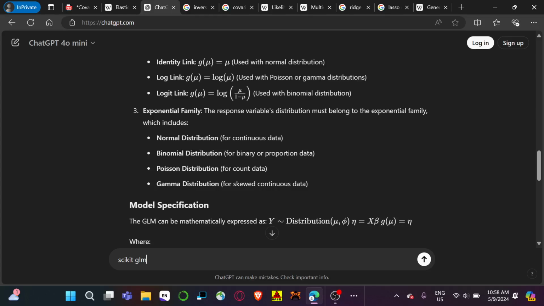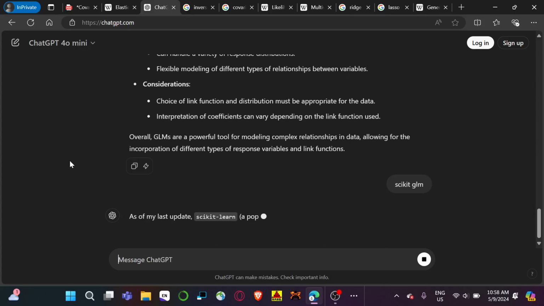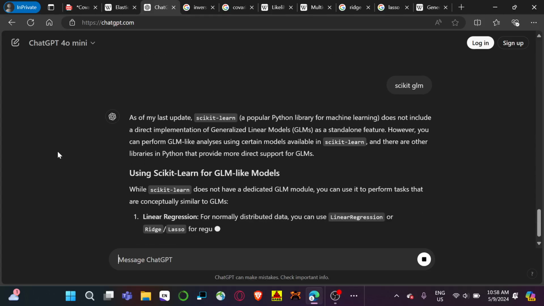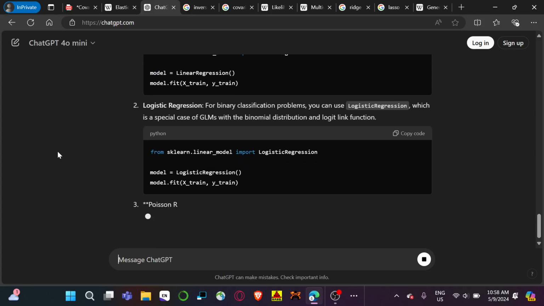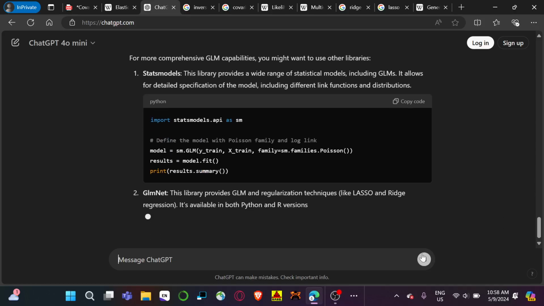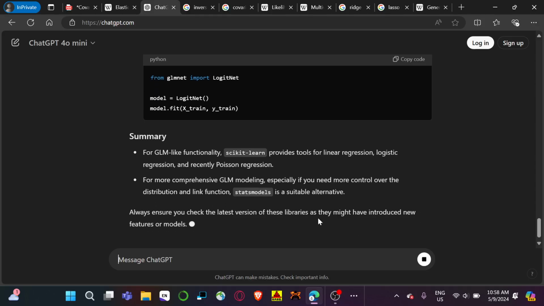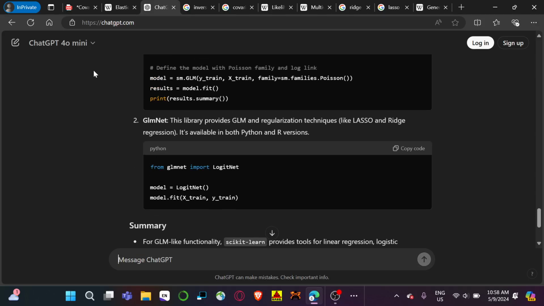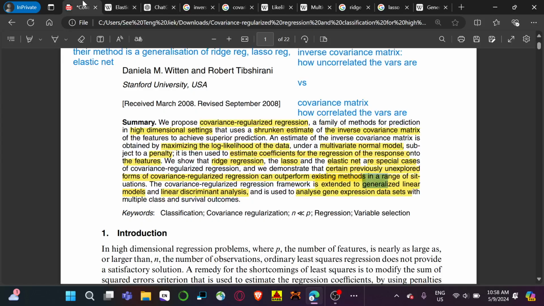Let's see if scikit-learn has GLM. Scikit-learn does not include GLM. Well, that kind of sucks, right? But that's fine.